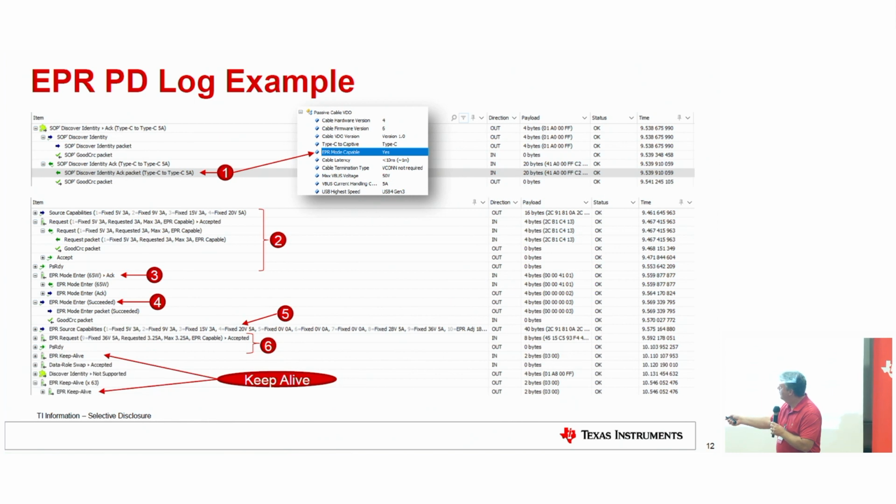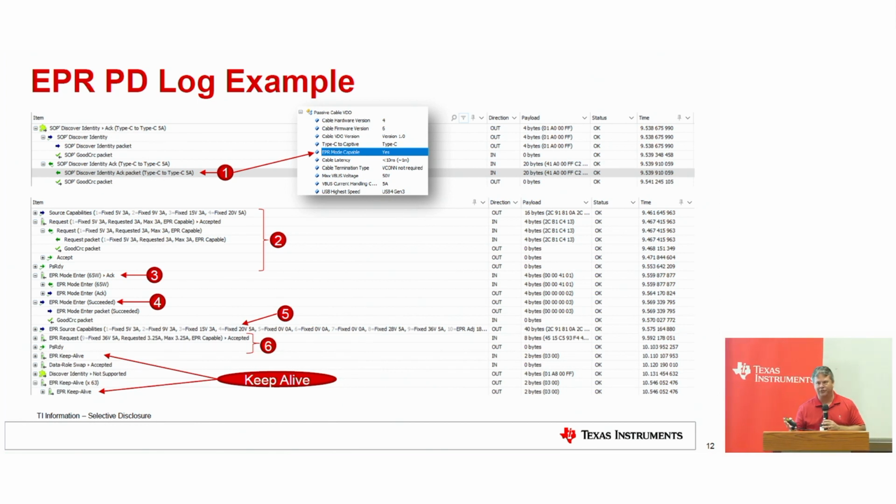discover identity. And I guess I didn't mention this before, a little bit extra terminology to know when you're talking about USB PD. SOP is the far end device that you're talking to. Say you're a laptop talking to a dock. The SOP would be the device on the other end, the dock. SOP prime is the cable.